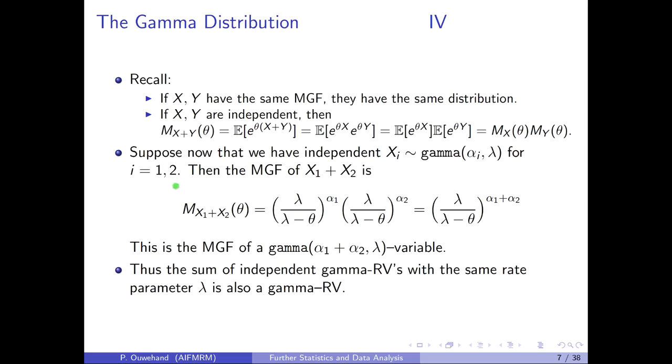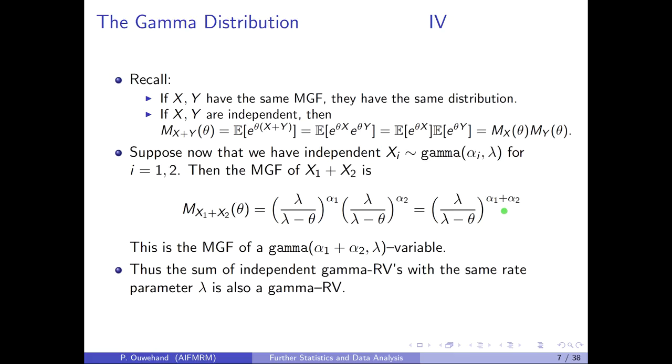By the result above, the moment generating function of the sum is the product of the two moment generating functions, and we've seen earlier that the moment generating function of a gamma distributed random variable looks like this. Hence the moment generating function of the sum is of the same form with a different exponent.